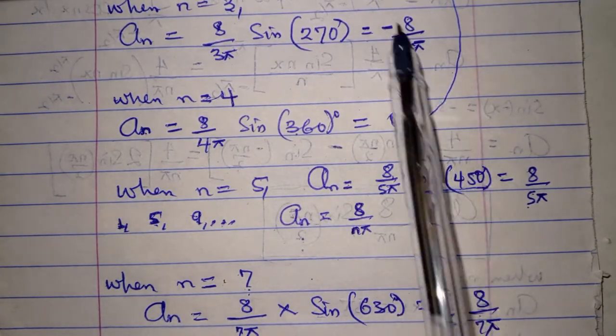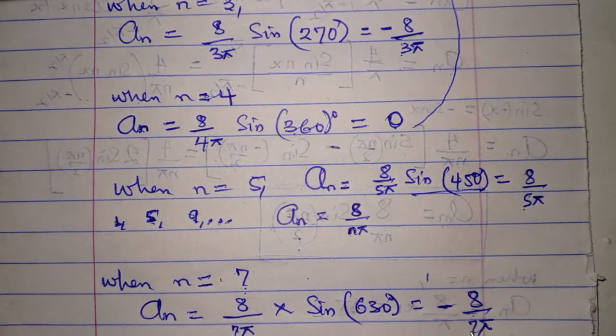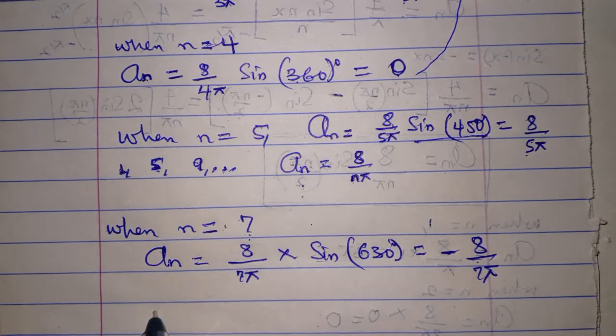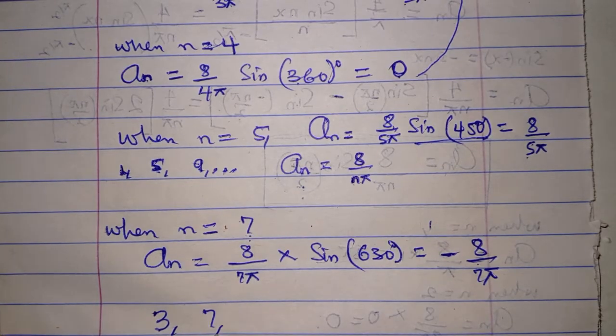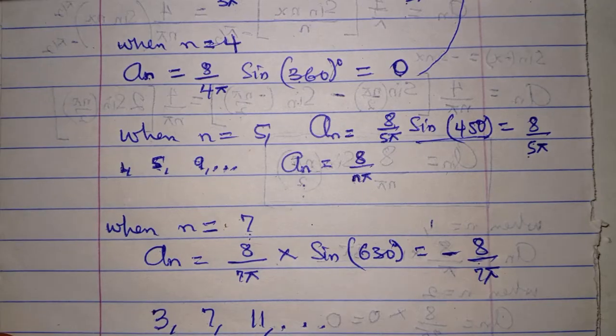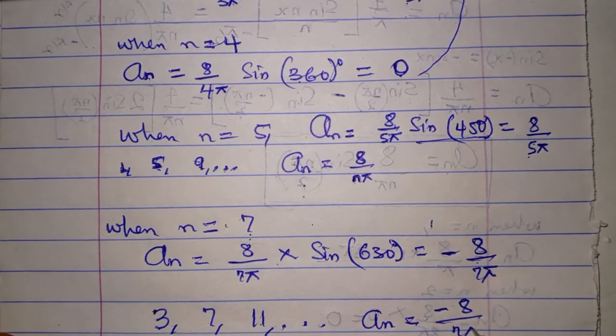They are both negative, except for the fact that the n values are different. Here 3 and here it is 7. So for values of n including 3, 7, 11, and so on and so forth, a sub n is simply minus 8 all over n pi.